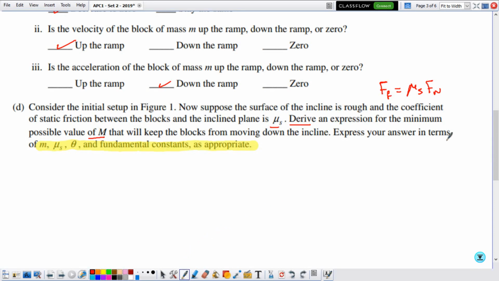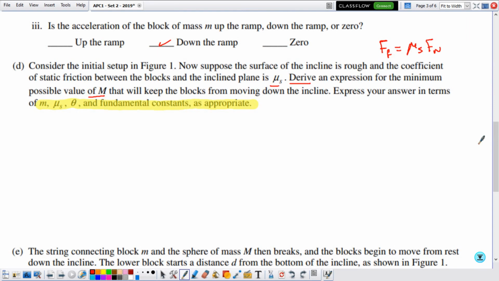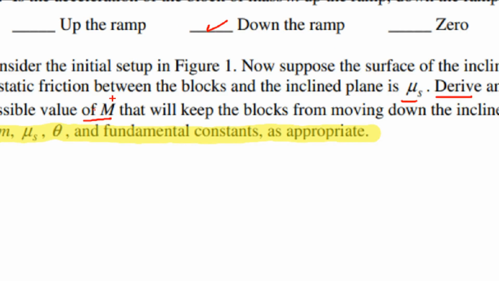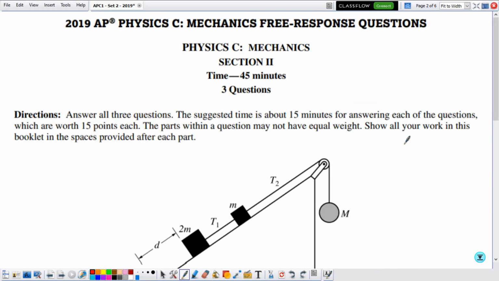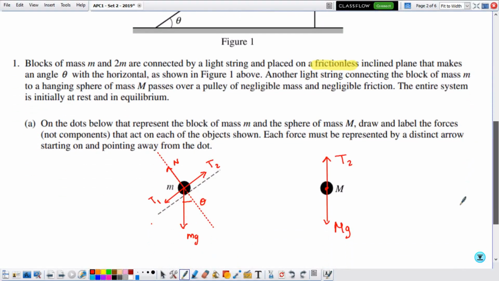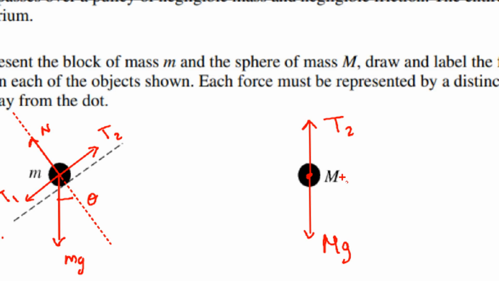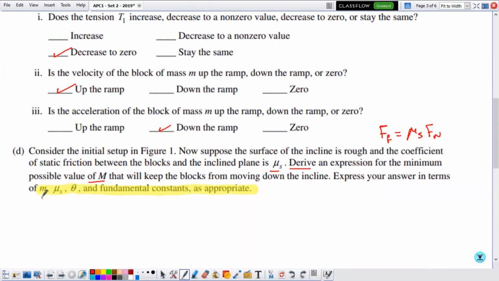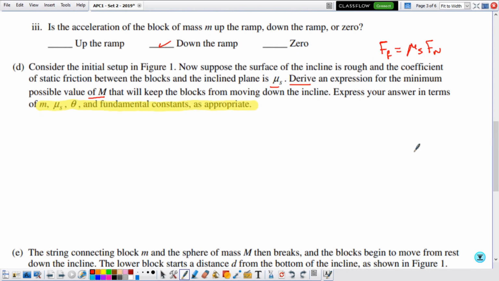Then in order to do so, we're still not moving, we're still at rest. So we need to utilize the FBD of a certain system, but which system specifically? Because they have mentioned the capital M, it means that we're going to utilize this FBD. But remember that our answer should be expressed in terms of mu s, which means that we will also use the FBD related to the other blocks.